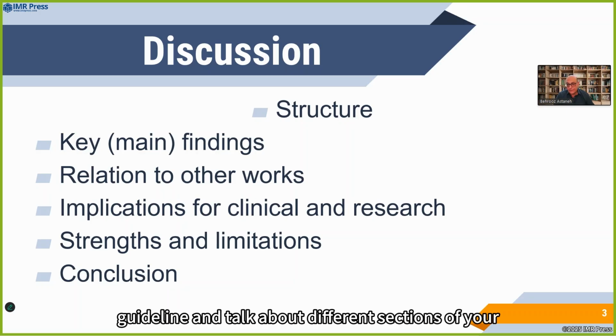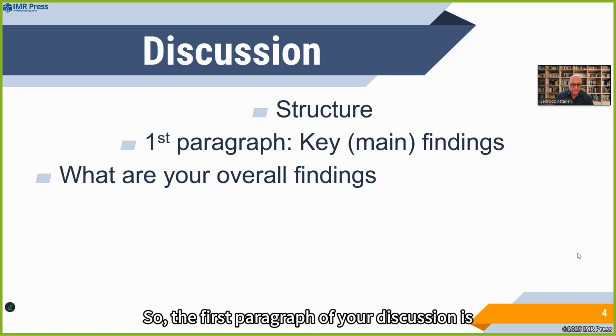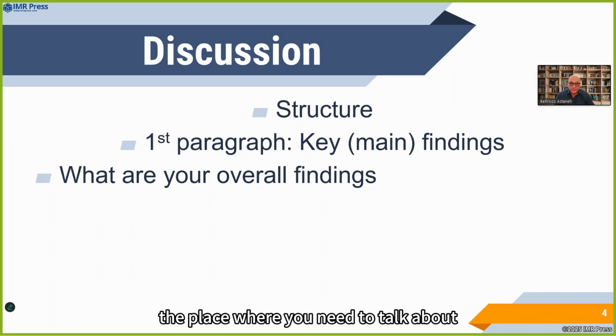I will follow this guideline and talk about different sections of your discussion in a way that is approved by the majority of medical journals. So the first paragraph of your discussion is the place where you need to talk about the key or main findings of your study.